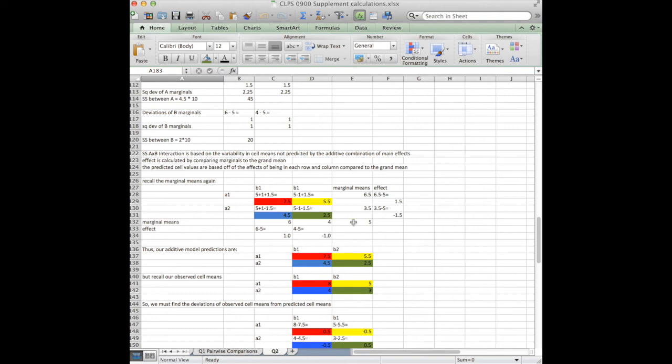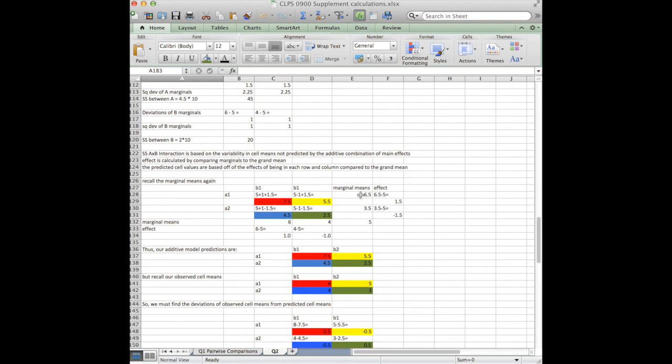To calculate your effect, this marginal 6 minus the grand mean 5 gives you 1. Same thing with the marginal mean for the second column of B, and that would be 4 minus 5, which is negative 1.